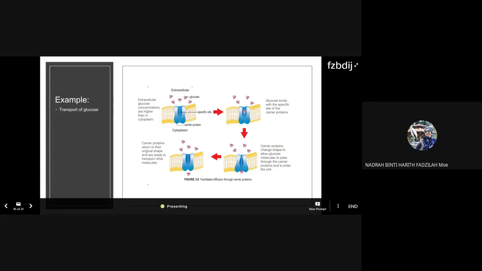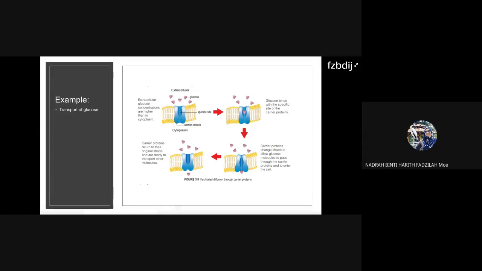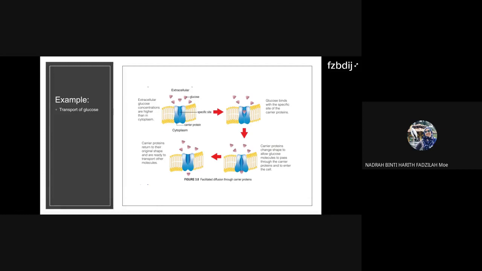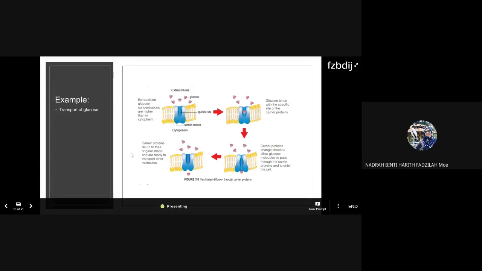So, glucose will bind to the specific site of the carrier protein. The presence of glucose in the specific site will signal the carrier protein to change shape. When the carrier protein changes shape, then glucose will be transported to the other side of the carrier protein. Ini example. Mari kita apply.